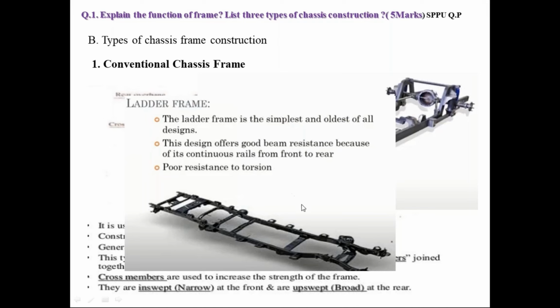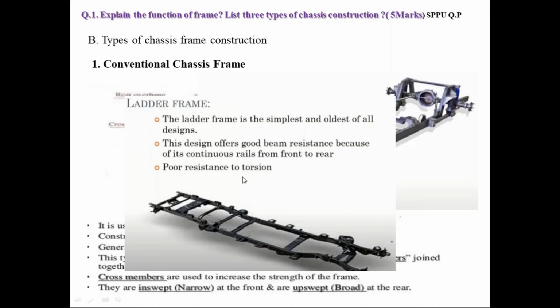So the ladder type of frame most probably offers good beam resistance because of its continuous rail from front to rear. The continuous rail provides the maximum beam resistance while traveling.